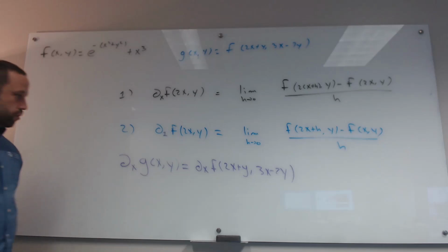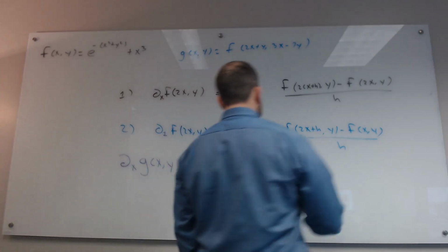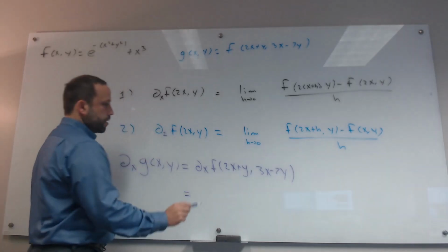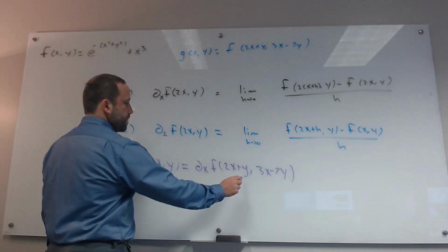By the chain rule, this is going to be the derivative of f with respect to this component.